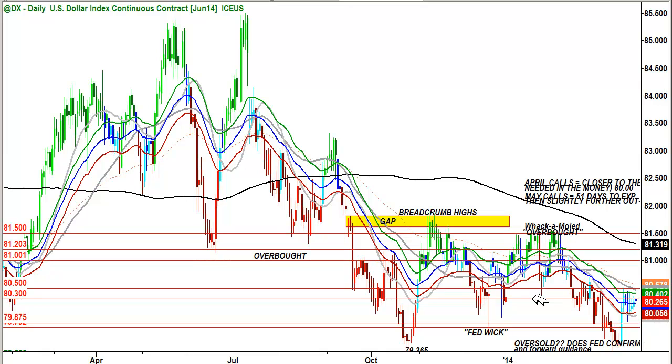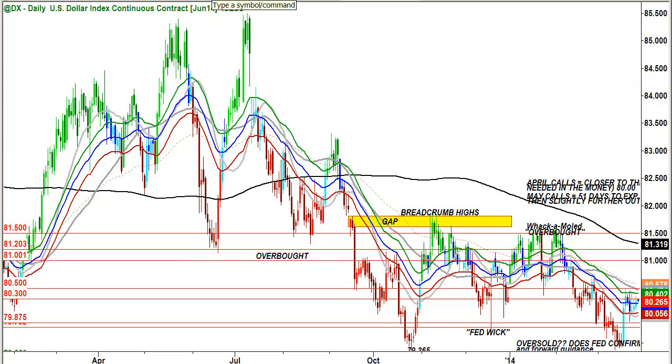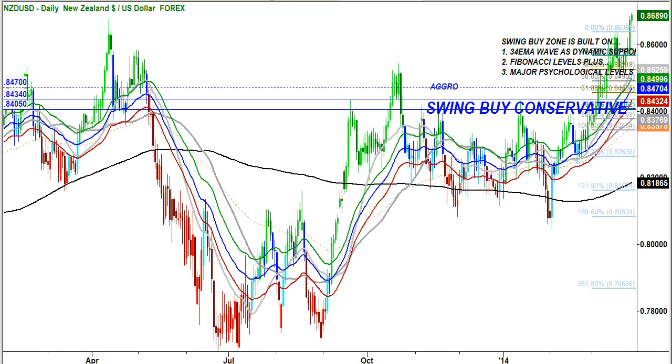So here we are, about a week in front of non-farm payroll, stalled just below 80.50. So what does that do? Well, that puts our U.S. dollar in a range, and that's okay as long as you're focusing on a base currency, in this case, say the Kiwi or the pound. We'll talk about the euro as well.